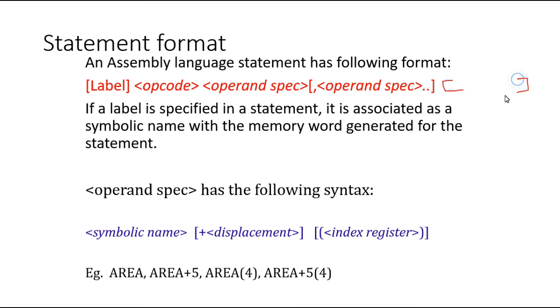Comment comes here. For the operand specification, it has the following syntax. There's a symbolic name, the displacement, and index register. You can see an example given here: area, area plus 5, area in brackets 4, then area plus 5 and 4.